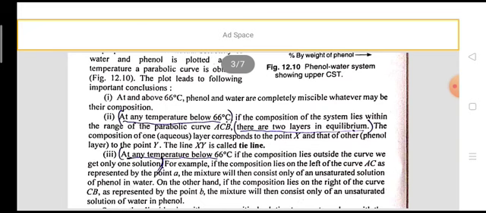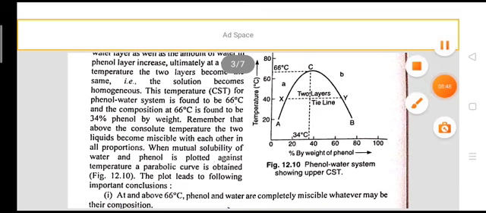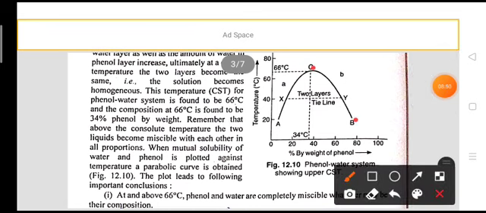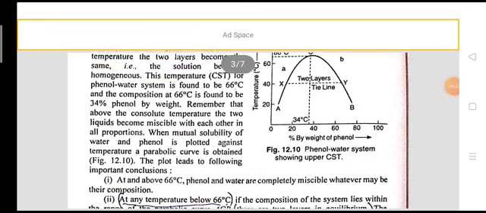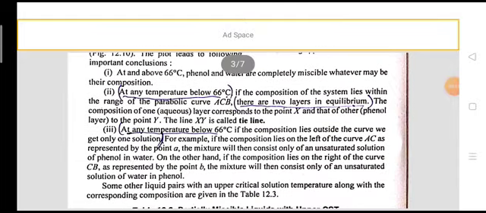Similarly, if the composition lies on the right side of the curve CB, represented by point B, the mixture will then consist only of an unsaturated solution of water in phenol.